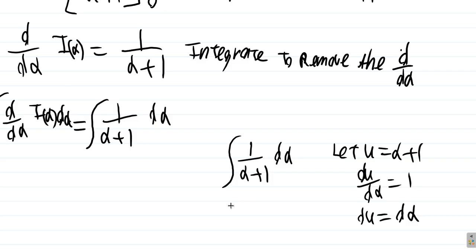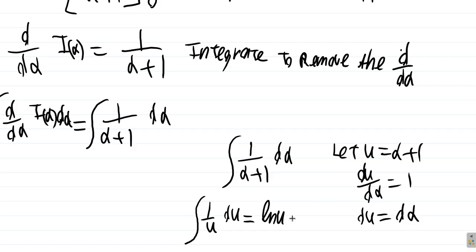Now, we run out of scrolling space, you know. So here now, if we integrate this, we have the integral of 1 over u, d alpha. But d alpha is the same as du. So we want a function of u du. So we integrate 1 over u du. This would be equal to what? You remember, when you integrate 1 over x dx, you get ln x. When you integrate 1 over u du, you get ln u. Alright?